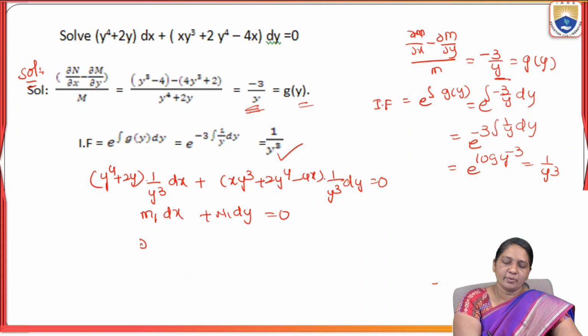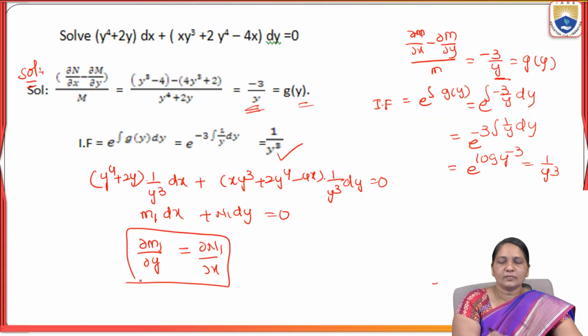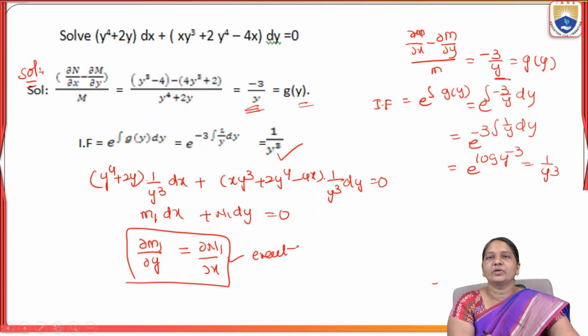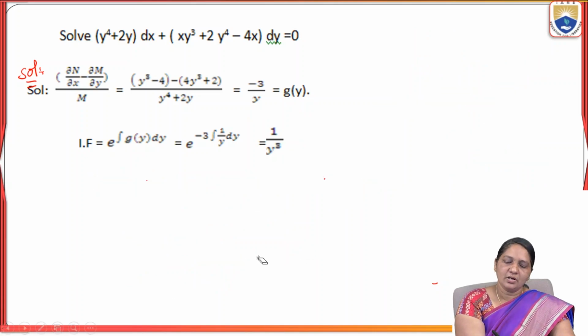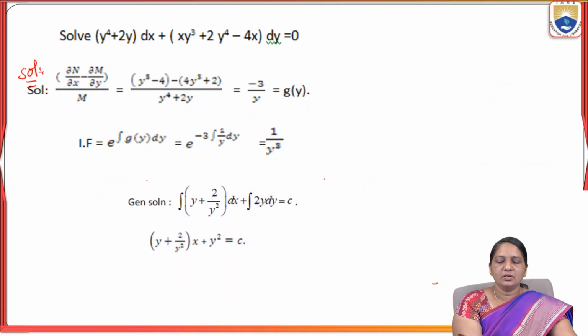Now we have to check the exactness. We should get ∂M1/∂y equal to ∂N1/∂x, so this is the exact differential equation. Now we can follow for the general solution, which is integral M1 dx plus integral N1 dy equals c.